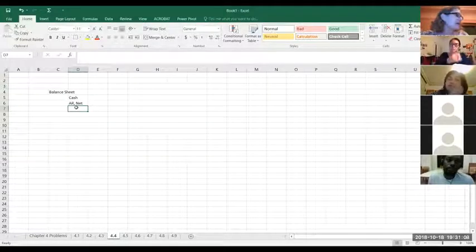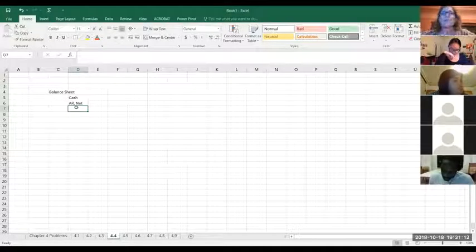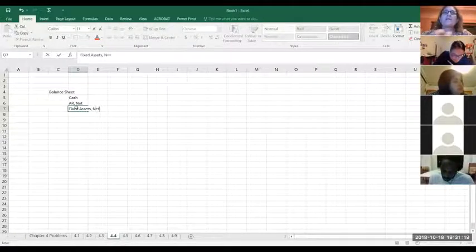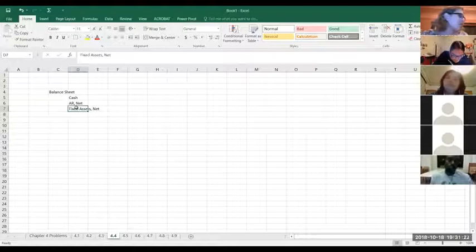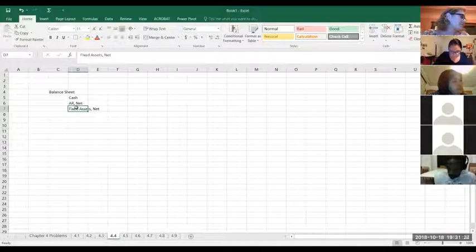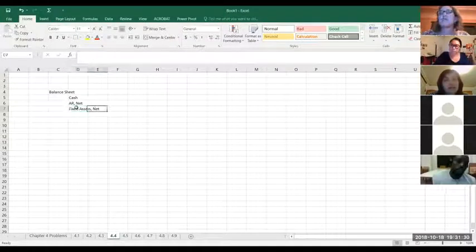I would guess the next thing would be the net property, plant, and equipment. So I'm going to put that. And that's also referred to as fixed assets, okay? And that is often referred to as net as well. So do you know what that would be net of? Depreciation. That's right, net of depreciation, okay?